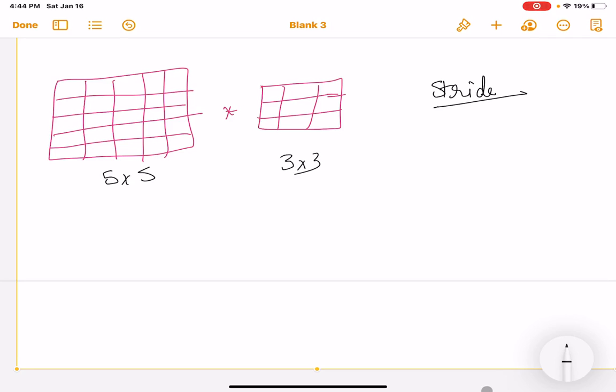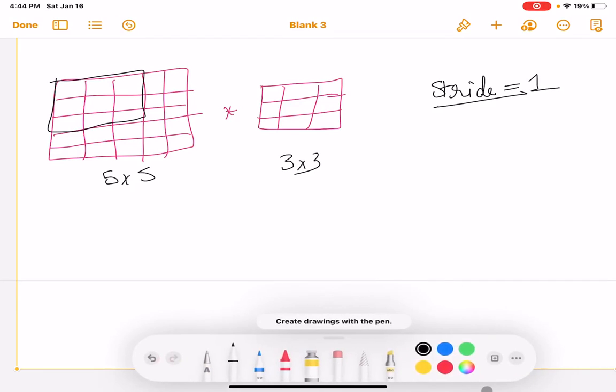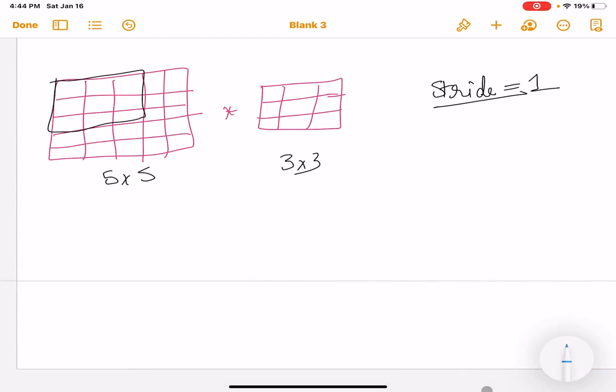The first local receptive field I chose was here. And since I have used a stride equal to 1, the second local receptive field I chose was 1 step over.